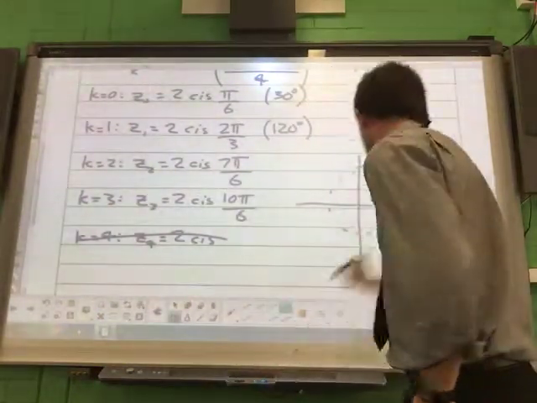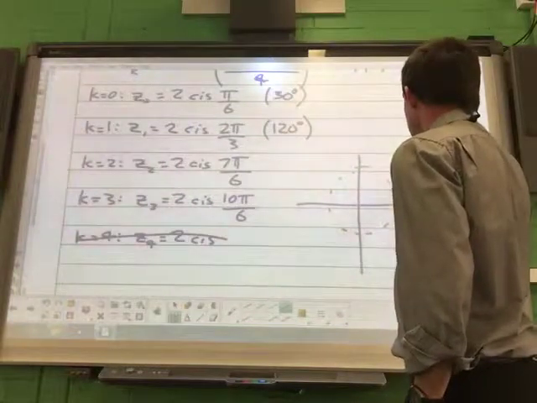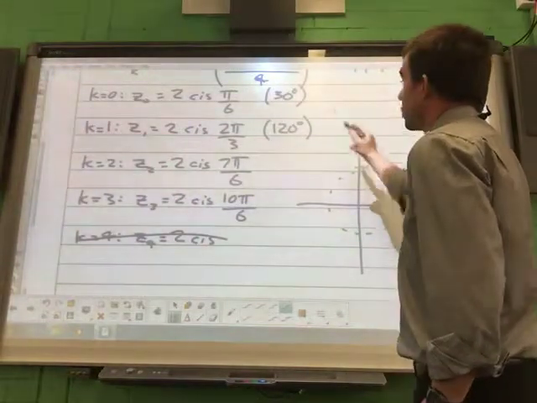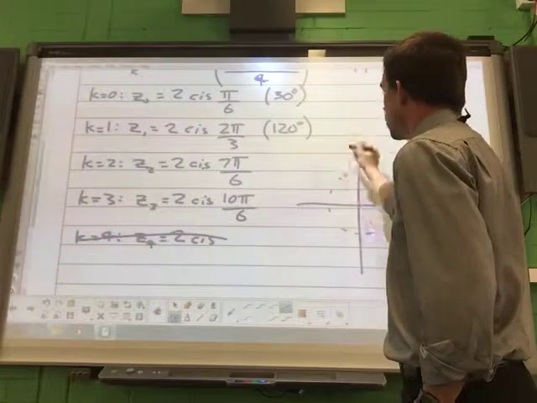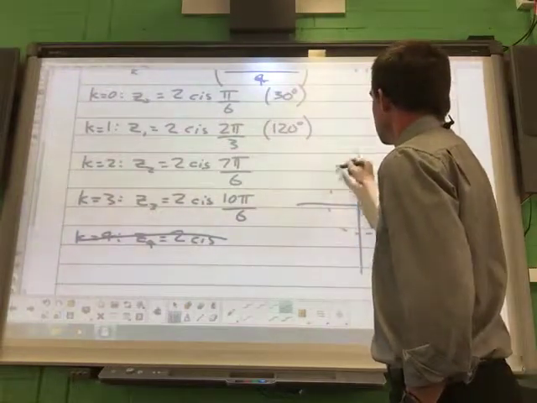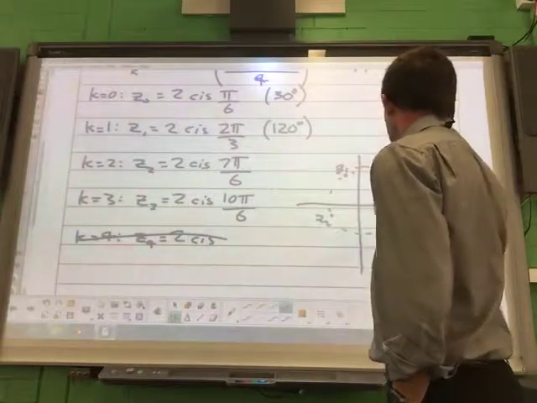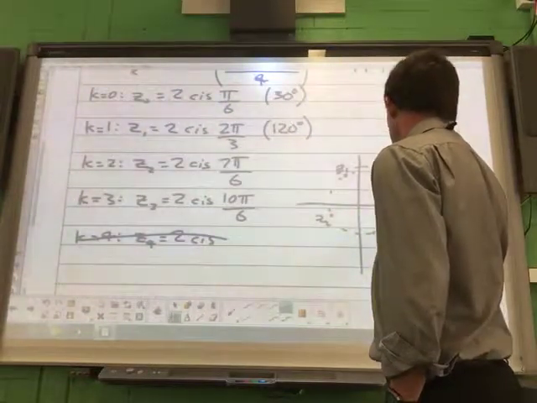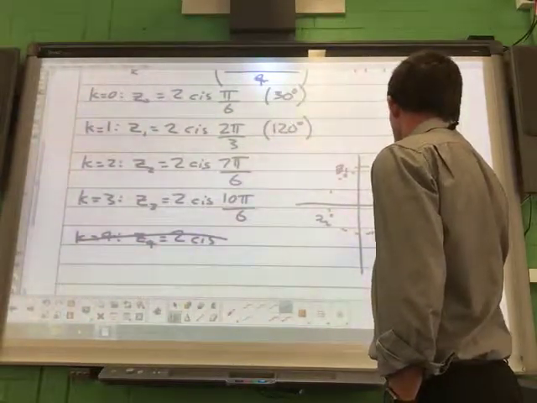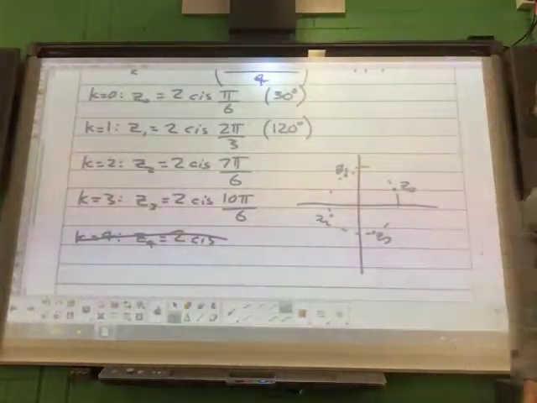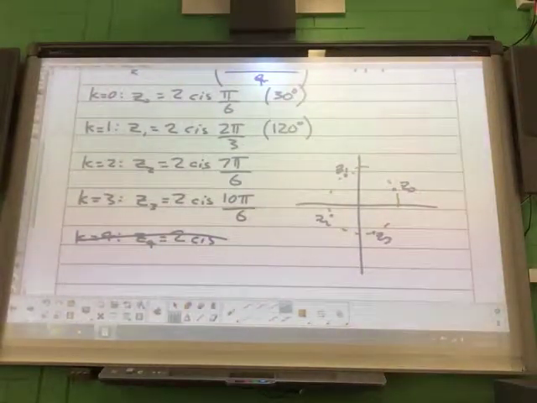So the roots: 30 here, so Z0, and then the next one was 120 or 2 pi on 3, Z1, another 90, Z2, and another 90 or another pi on 2 around anti-clockwise.